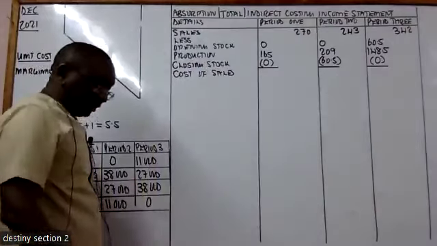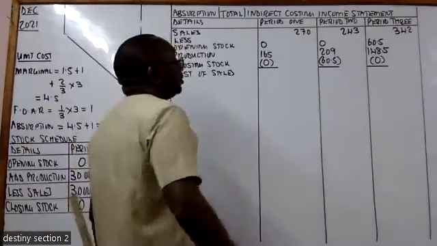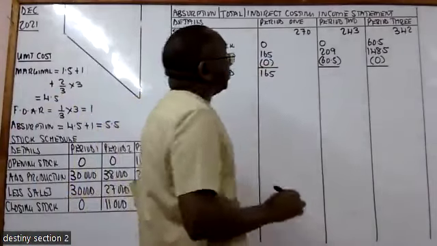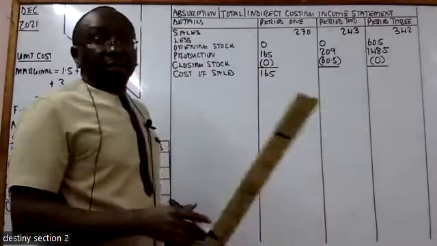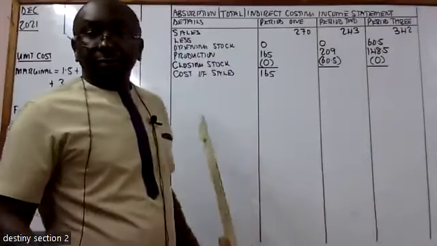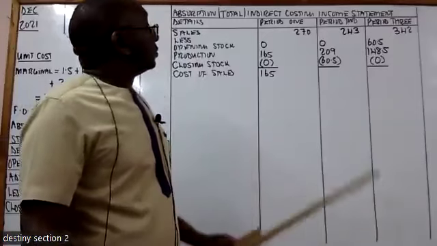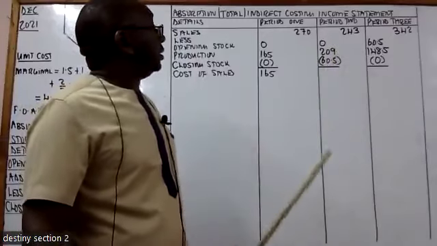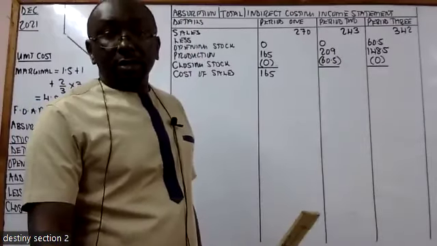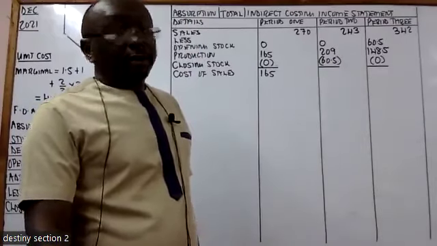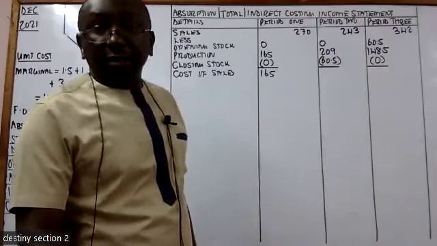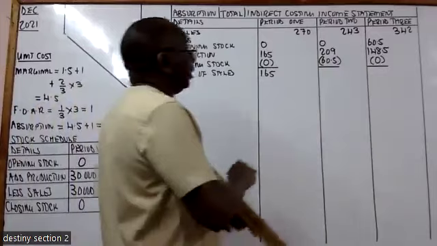So in the first case, our cost of sales is 165. In the second case, it will be how much? It is 148.5.